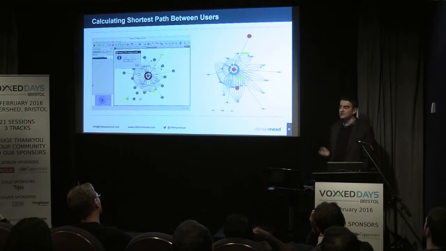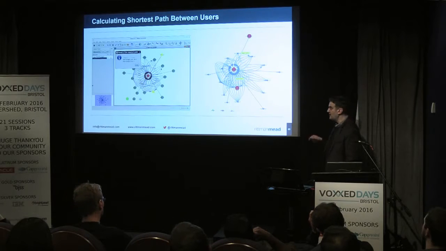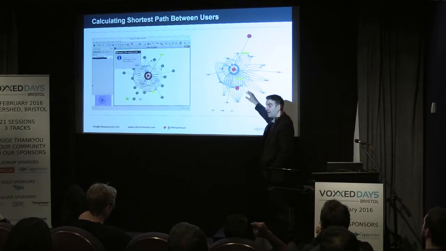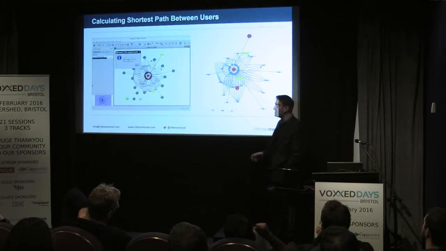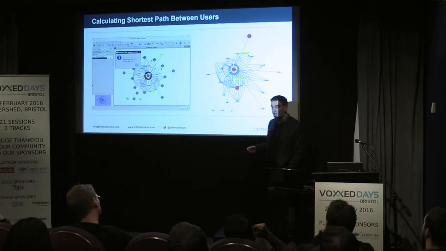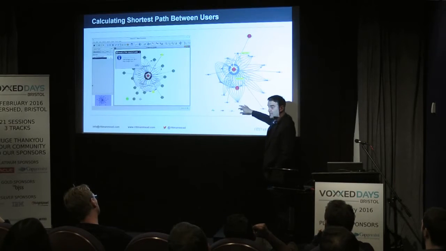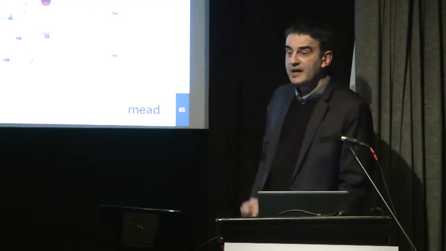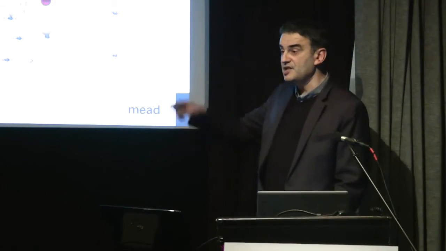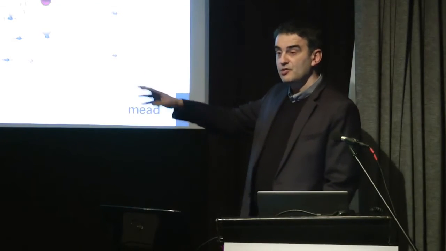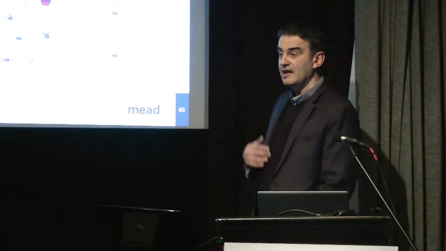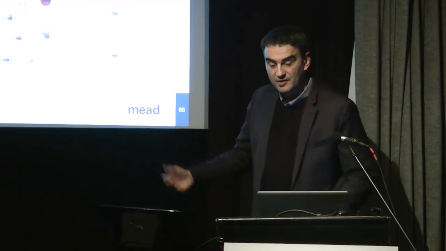Someone here might have tweeted to me, but I don't know them because I've had one interaction with them, whereas someone else might have contacted me many times. The stronger the relationship, the better the chance of getting to that person through me. So shortest path is used in recruitment to understand the most effective way to contact somebody, because of the strength of relationship that person has. Are they an influence? Are they someone you feel positive about?